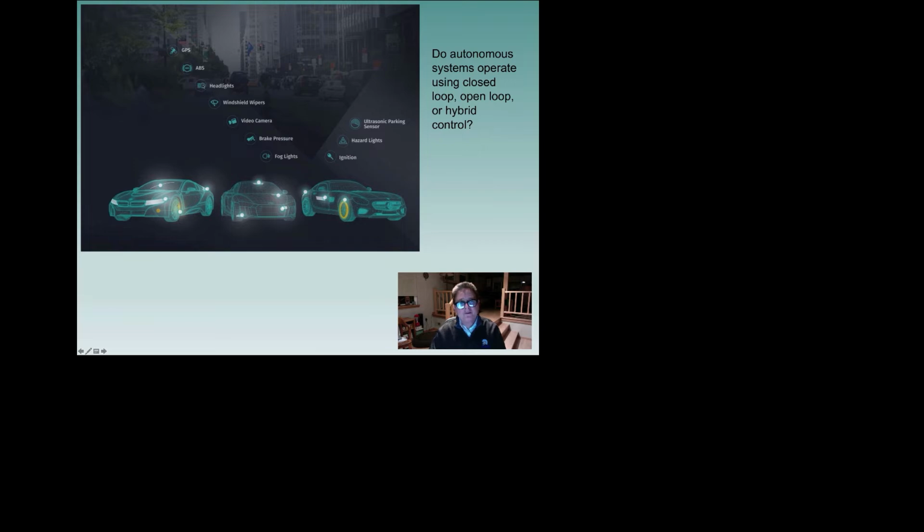So it's showing you that your headlights are on, that the windshield wipers are on, and so on and so forth. So the question I have is, do autonomous systems operate using closed loop, open loop, or hybrid control? Well, how do you think that autonomous driving vehicles operate?